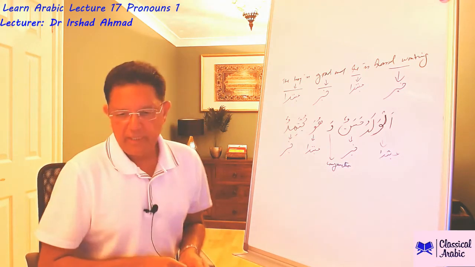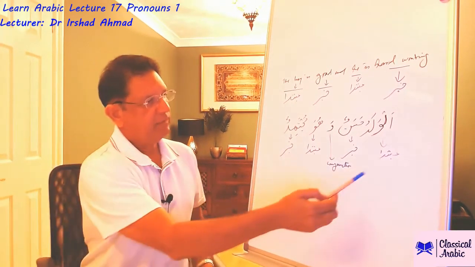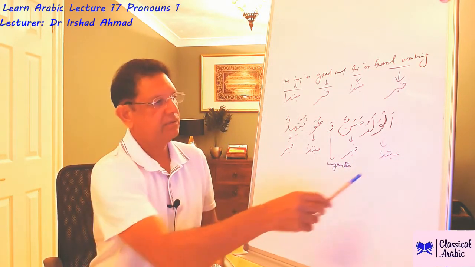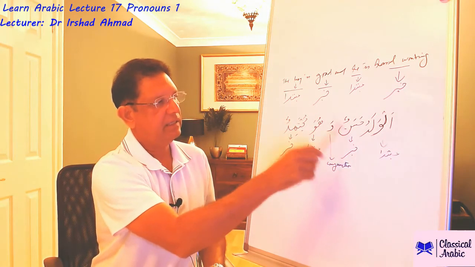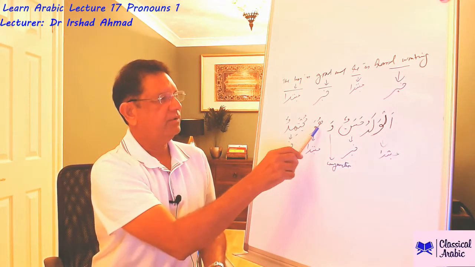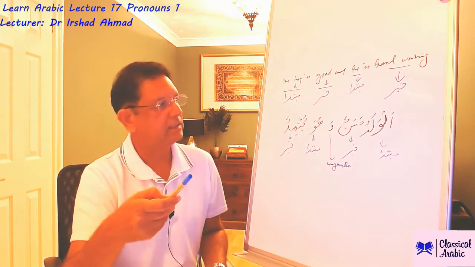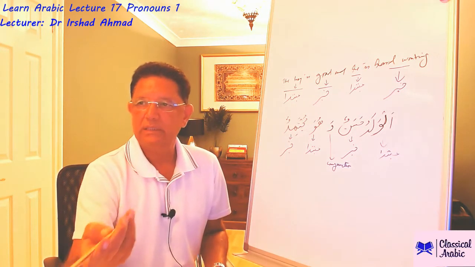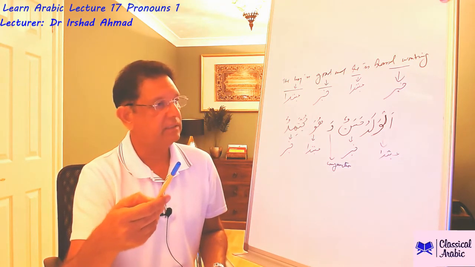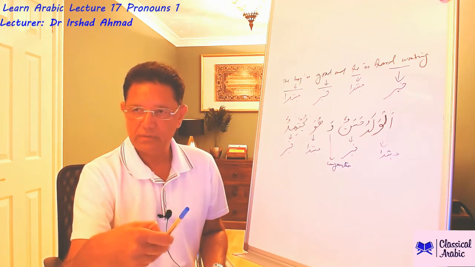So what do we have here is that we have mubtada, we know that mubtada is definite, khabar is indefinite. So we have definite, indefinite. We have definite, indefinite. We know that all pronouns are definite. When we studied definiteness, we said that ism alam is definite, and then all the pronouns are definite.